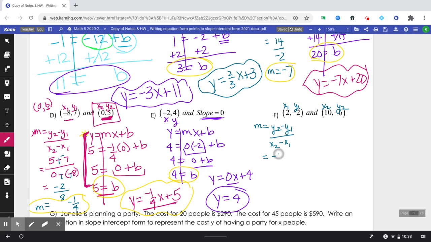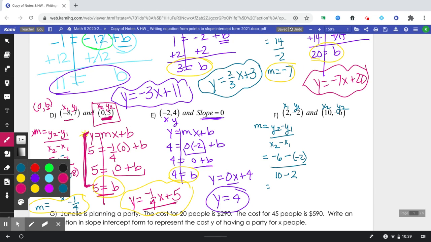I said y2 is -6 minus y1, which is -2, over x2, which is 10, minus x1, which is 2. Okay, let's do the math. -6 minus -2, keep change, change. -6 plus 2, I end up with -4. 10 minus 2, I end up with 8. And I can reduce that to -1/2.